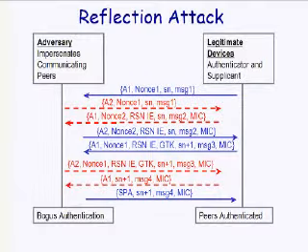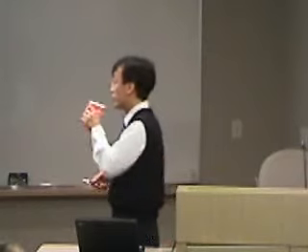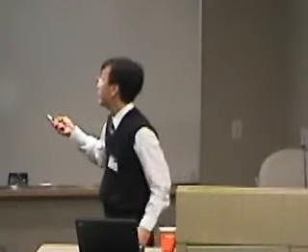Okay. I don't understand how the reflection attack works. Okay. The reflection attack works as follows. The legitimate device sends out message 1 to somebody. This MAC address is forgeable. So the adversary intercepts this message, and to respond to it, it needs to generate a new message 2.